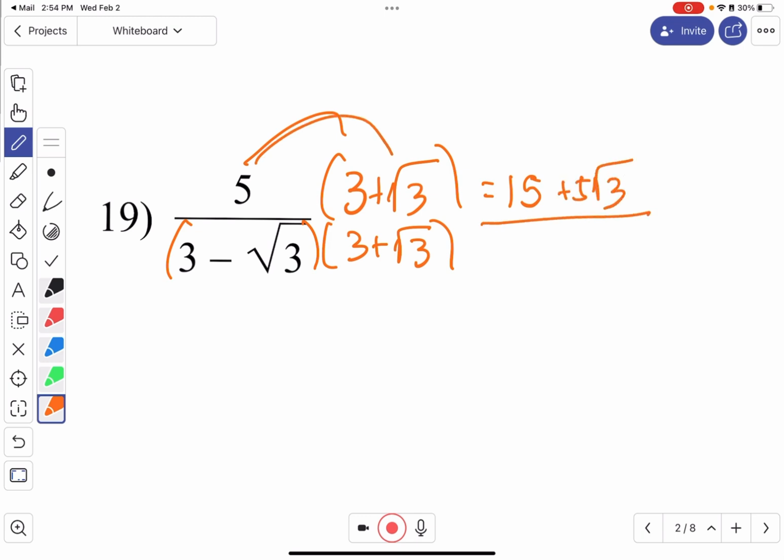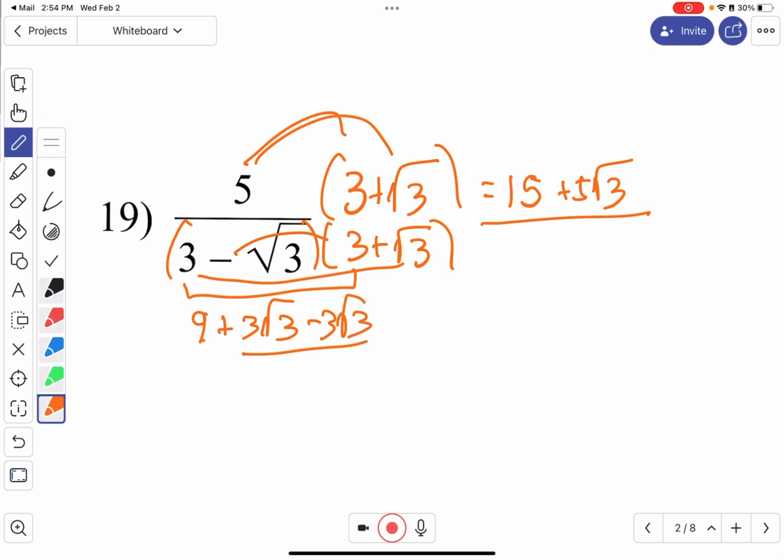On the bottom, I'm going to FOIL it out down here below. 3 times 3 is 9. That's first. Outside is plus 3 radical 3. Inside is minus 3 radical 3, which is what we want to happen. That's going to go away. And then minus radical 9. Well, radical 9 is just 3, so we've got 9 minus 3. 9 minus 3 is 6. And that's your solution.